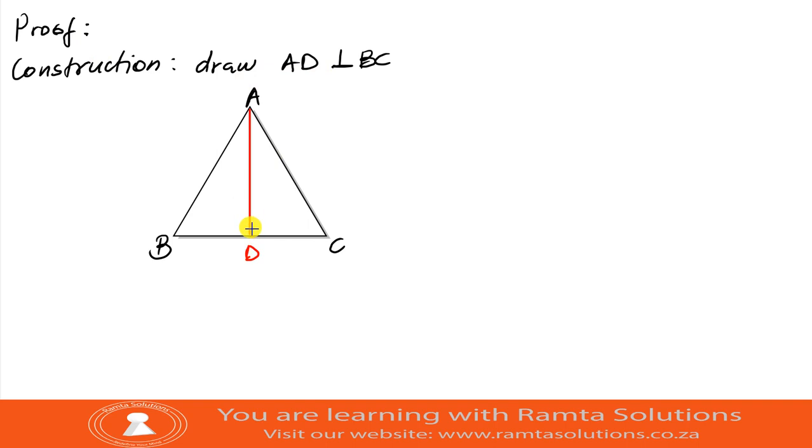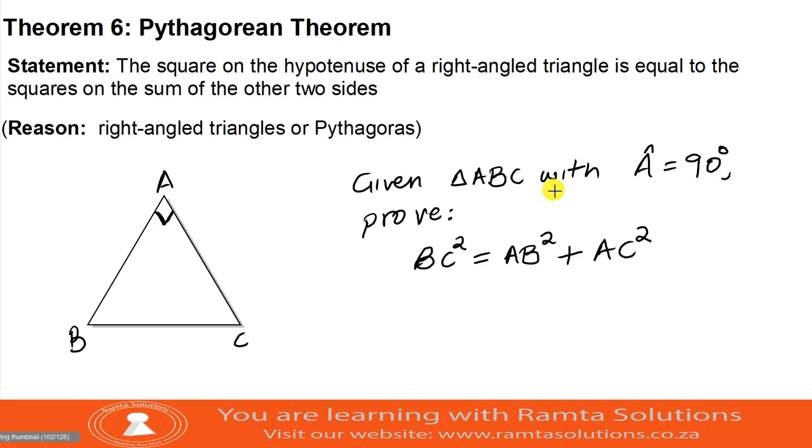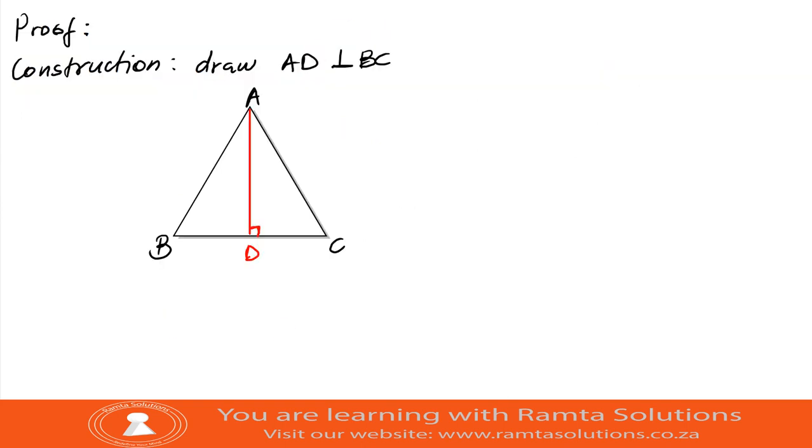When we say perpendicular, you expect a right angle, right? So, because the statement given was saying angle A is 90 degrees, I'm going to separate this into 1 and 2. Let me fix this one first.